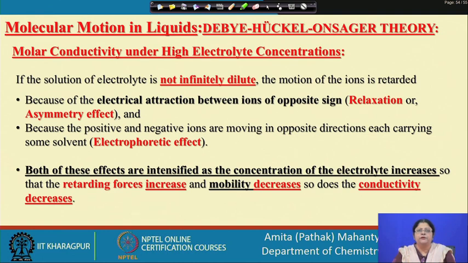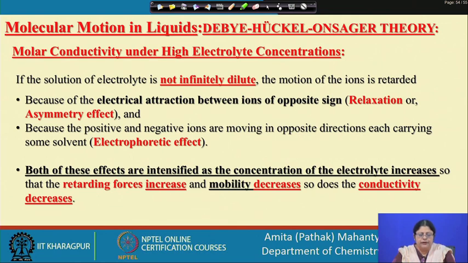Because of these two effects, what happens? In the solution you have a large number of ions in motion, and because they are charged ions, they are moving under an electric field. Instead of a very dilute solution where the ions are fairly distant apart, when the concentration is high the ions are much closer.